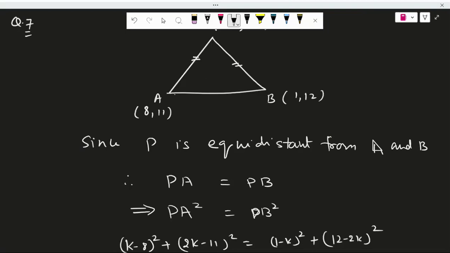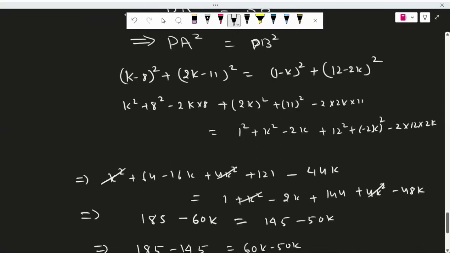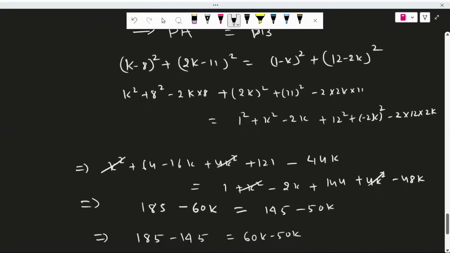And then we applied the formula and finally we just had to do the calculation. Yes, calculation is there because you have to open the brackets on both sides. Each side has 6 terms, so in total 12 terms.